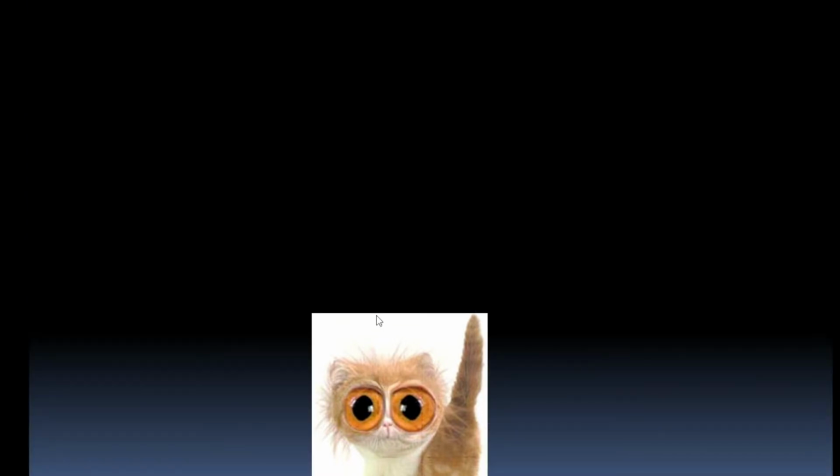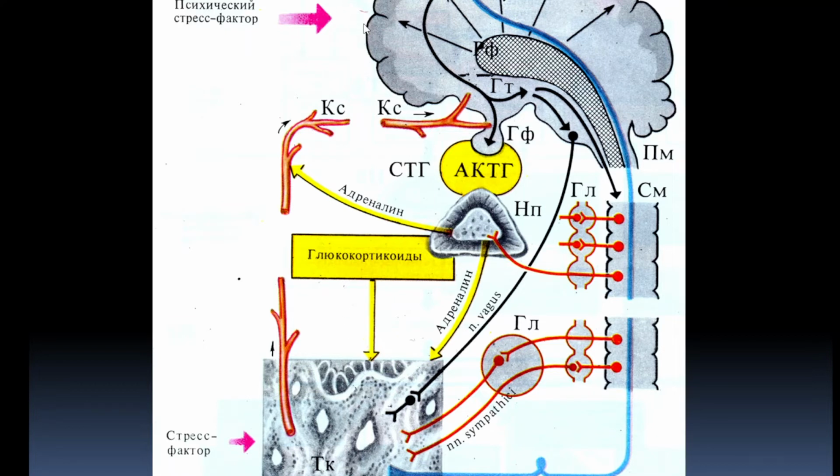You can see this model, victim and predator, and all the structures of our organism. These are psychogenic stress factors, which are accepted by the brain cortex, and then we have excitation of the hypothalamic-hypophyseal system and the sympathoadrenal system first of all. During the second stage, it's stimulation of the hypothalamic-hypophyseal-suprarenal axis, and as a result we have a higher concentration of catecholamines, and after the effect of adrenocorticotropic hormone on the suprarenal glands, during the second stage, resistance, we have an increase in the concentration of glucocorticoids.